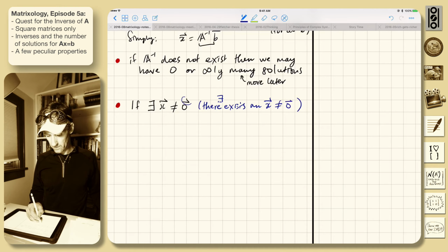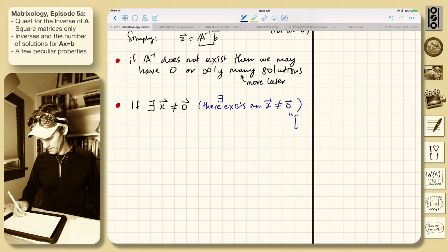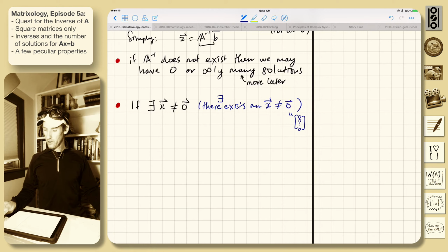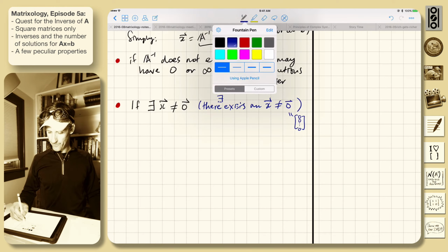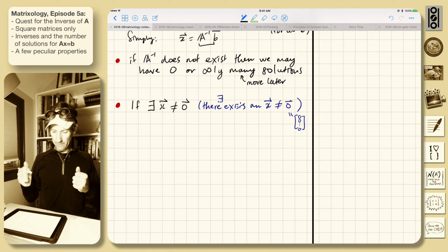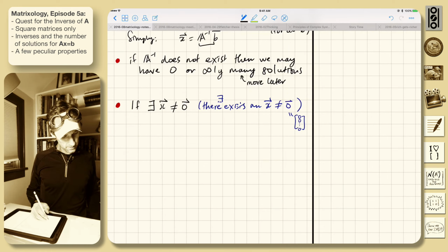If we're in n dimensions, it's 0, 0, dot, dot, dot, 0. Don't get lazy with your zeros, you need to distinguish them. So if we have an x that's not equal to 0 such that Ax equals 0.